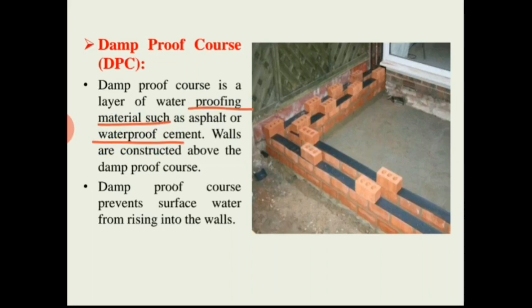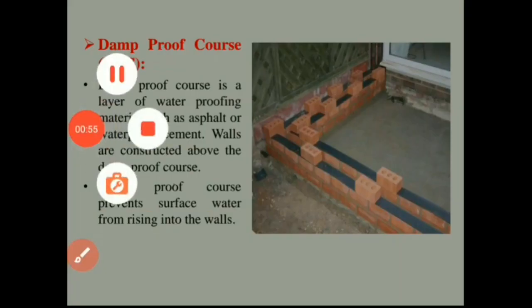So damp proof course prevents surface water from rising into the wall. Dampness reduces the strength of the wall and creates unhealthy living conditions. It also affects the paint and plaster and increases the cost of maintenance.